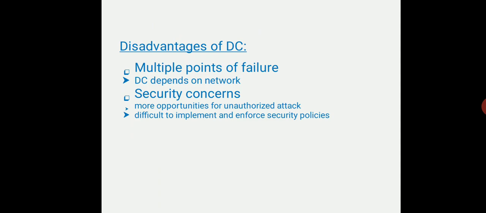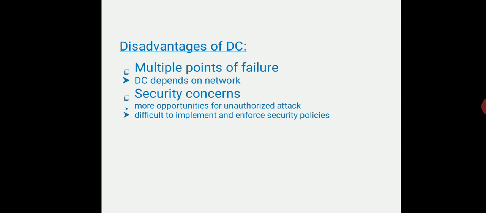There is one more, security concerns. That means more opportunity for unauthorized access on the internet. While using the internet, there is a possibility. Computers are very prone to unauthorized attacks. What is a centralized system? A centralized system is a monolithic computer. It is very easy to maintain security policies, isn't it?